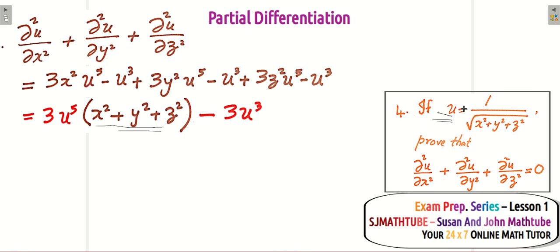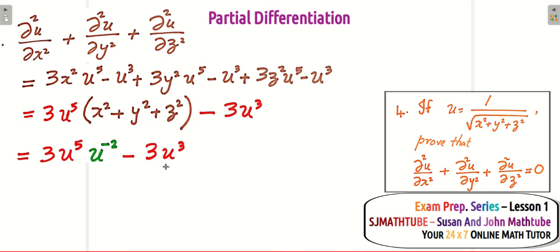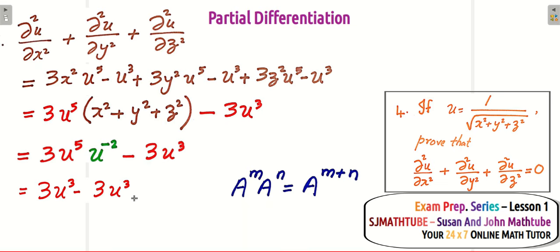If you square this, cross multiply, etc., and apply a power m into a power n is a power m plus n, you can apply that over here. That's it, is equal to 0.